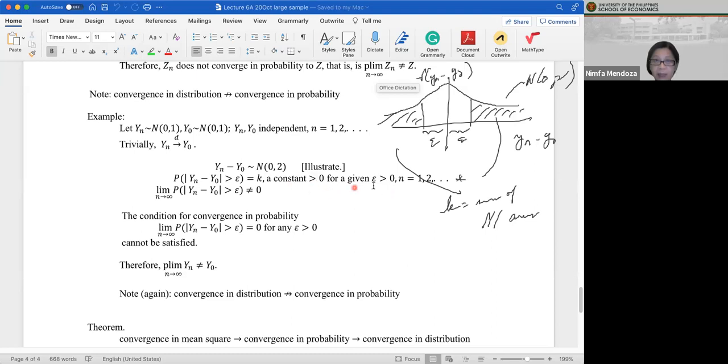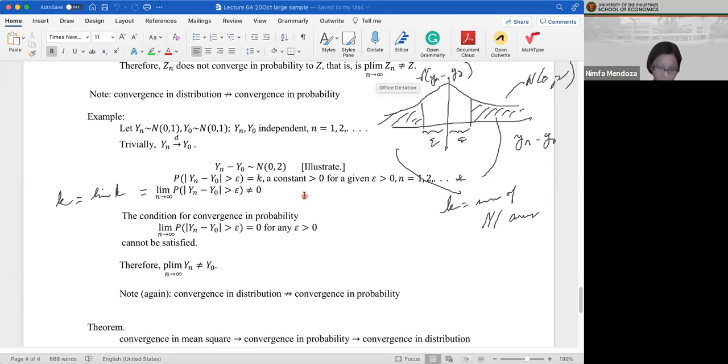That k would be the same for n equal to 1, 2, and so on, since the y sub n's are identically distributed. So what is the limit of this probability? The limit of this probability is equal to the limit of k, and that is equal to k, a constant, and it is not 0.